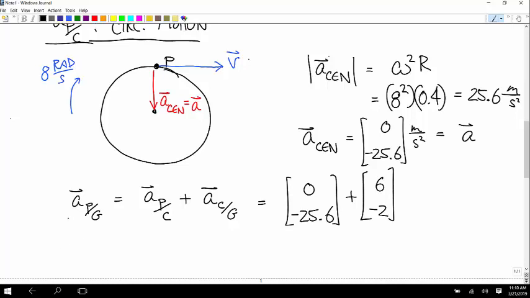And so the only correct answer for this is 6, negative 27.6. And if you tried to use Newton's second law to calculate forces based on just that acceleration of P relative to the center, you'd get the wrong answer because it's not an inertial coordinate system. Okay, because you can't have a coordinate system that's accelerating and still have Newton's laws work.